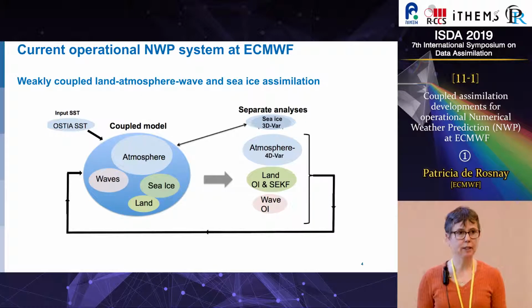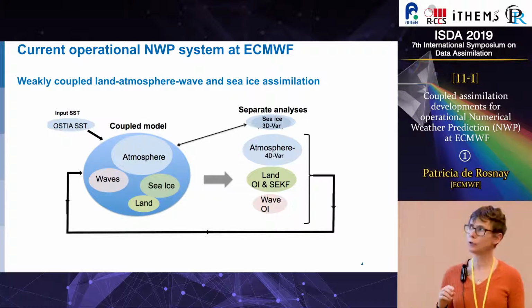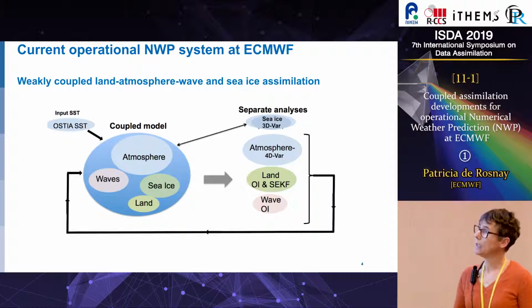What we use currently in our operational system, so the last version was implemented in June 2018, is a weakly coupled land, atmosphere, wave, and sea ice assimilation. We have a coupled background model, a coupled short forecast model for the atmosphere, wave, sea ice, and land.